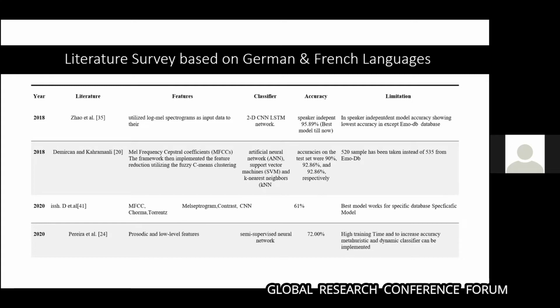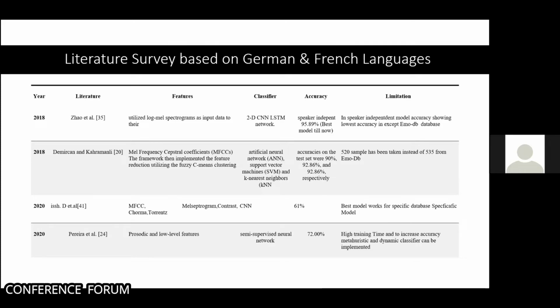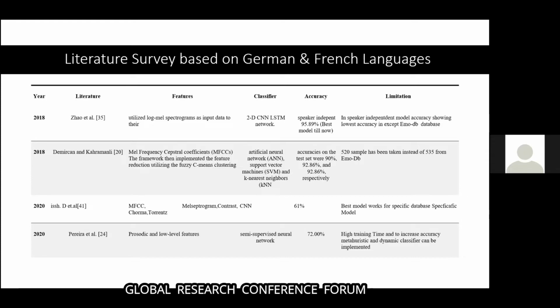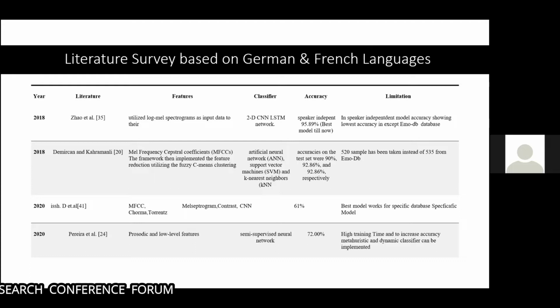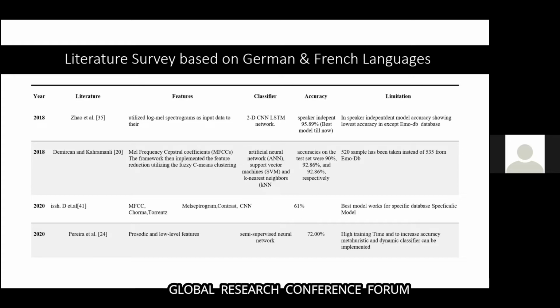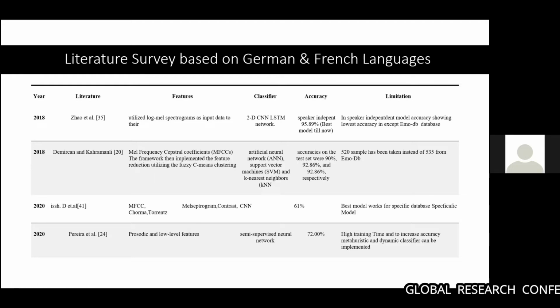In the literature survey for the German and French languages, I went through some very important literature: Zhao et al., Demirkiran et al., and Perrier. These four papers are very important for German and French language databases. What they have done, their accuracy, and the features they worked with, we have also experimented with.